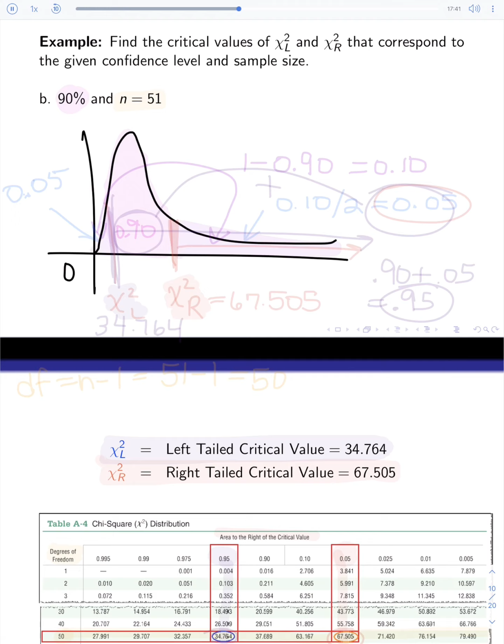I'm going to be trying to find a chi-squared on the left and a chi-squared on the right. And then my 90% confidence level will go in between my two critical values. So I can go ahead and put my 0.90 or my 90% in the middle.